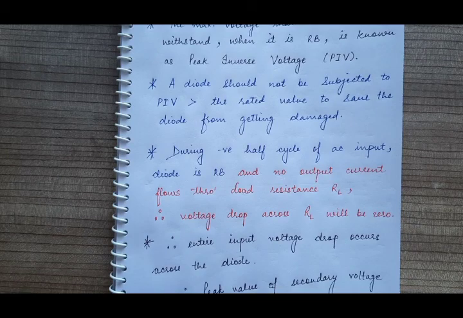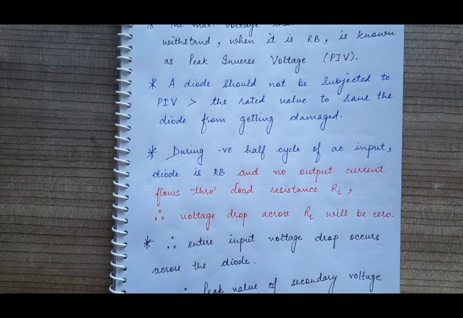It means during reverse bias, the voltage across the diode will be equal to the peak value of the secondary voltage, the peak value of the voltage across the secondary coil of the transformer, and that is V0. Peak value of the applied voltage is V0.